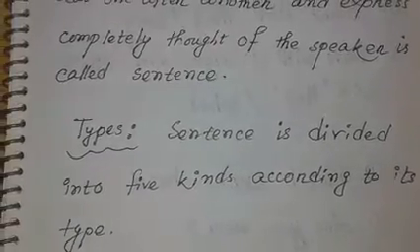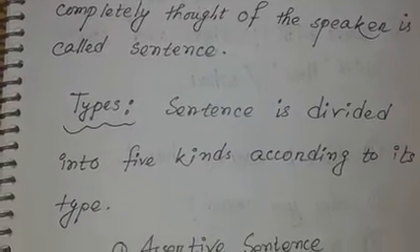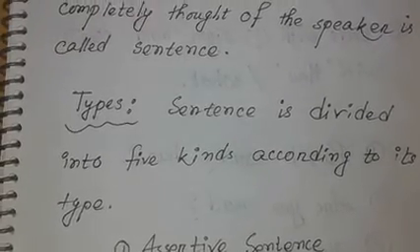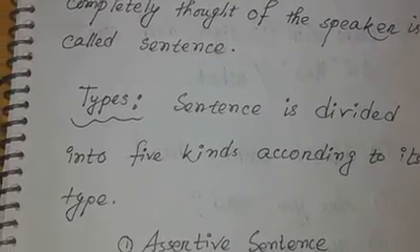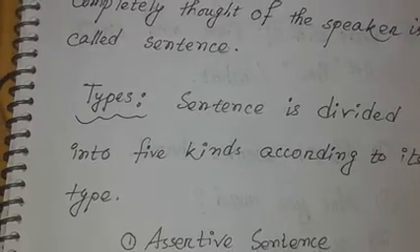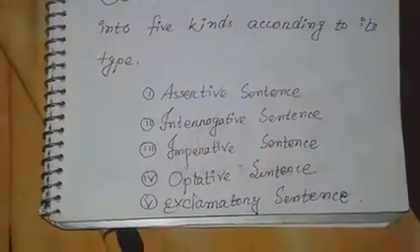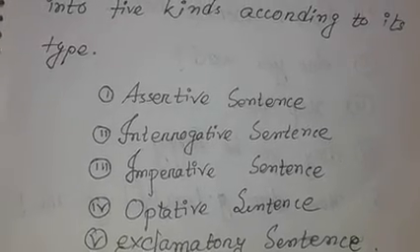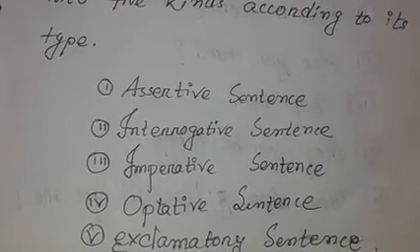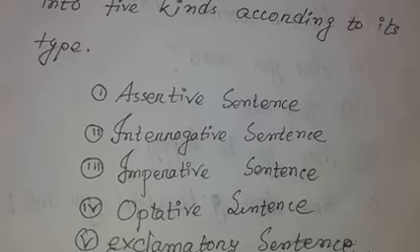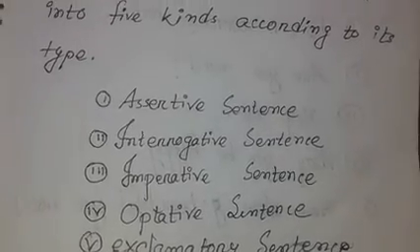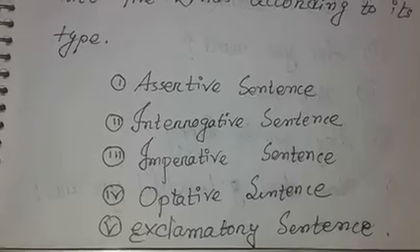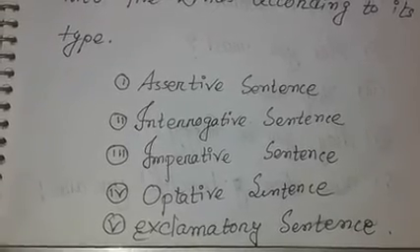But our today's topic is the different types of sentence according to meaning. So, if we divide sentences into different kinds, there are 5 kinds of sentences we find in different grammar books, and the grammarians show that there are 5 types of sentences.